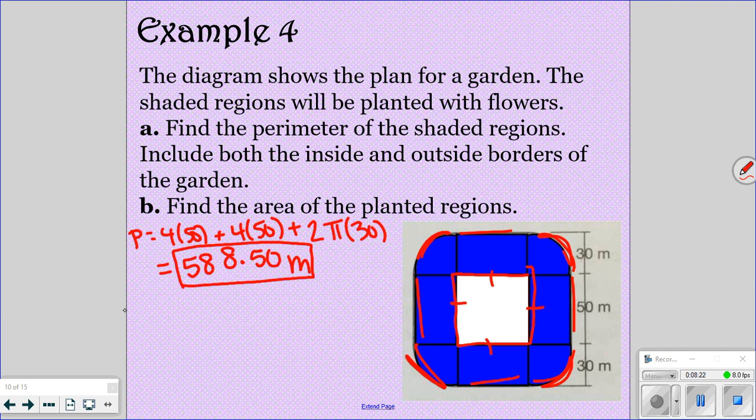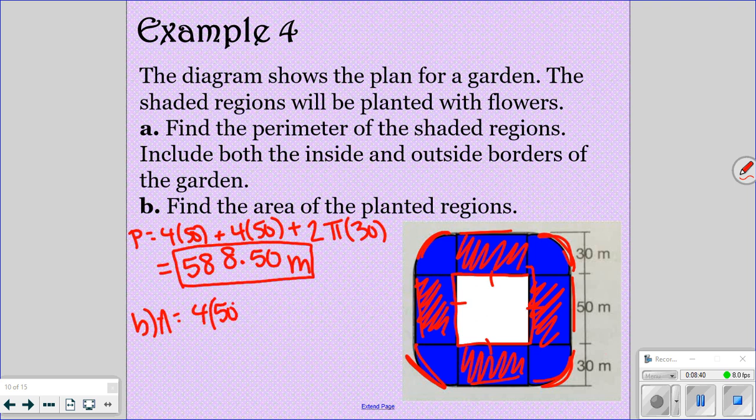Then you want to find the area of the planted regions. So for part B, we know that there are 4 of these rectangles here. And so to find the area of those 4, the length would be 50. And then this length here is going to be 30 because that's part of a circle. So 4 times 50 times 30 would take care of those 4. And then we have these pieces at the corner that together make up a circle.